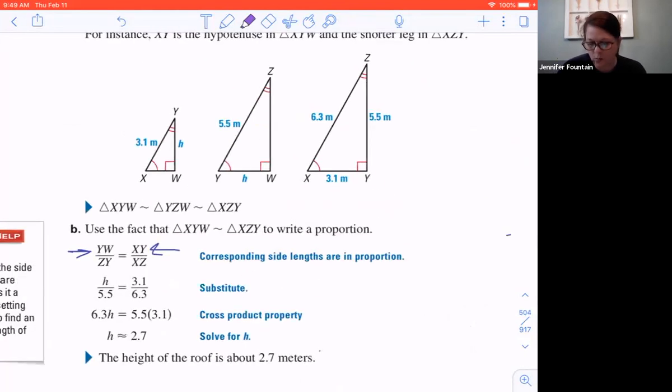So again, I'm looking at YW over ZY as XY over... what did I do wrong there?